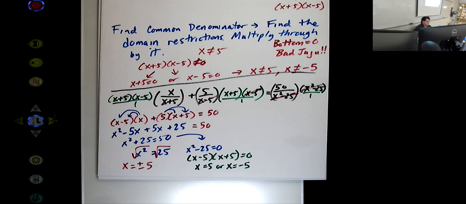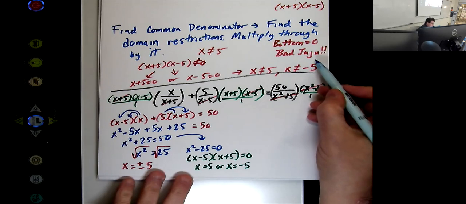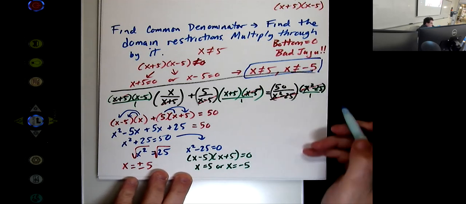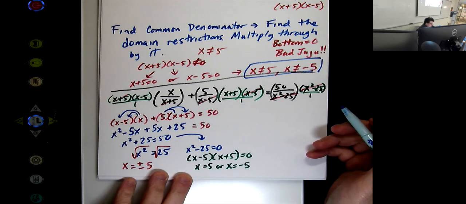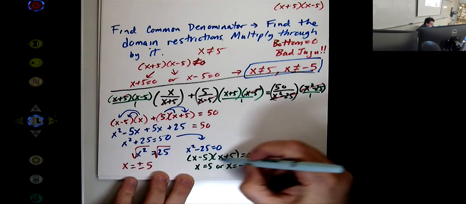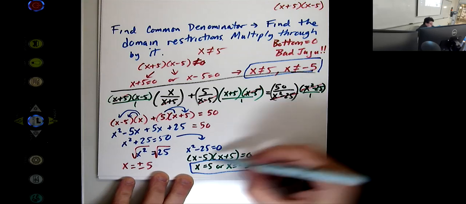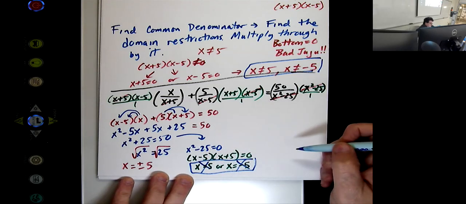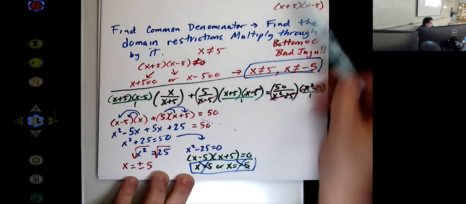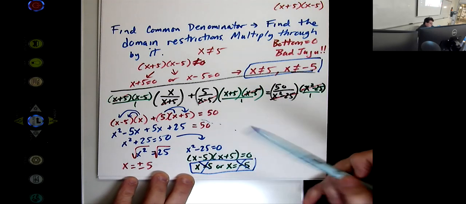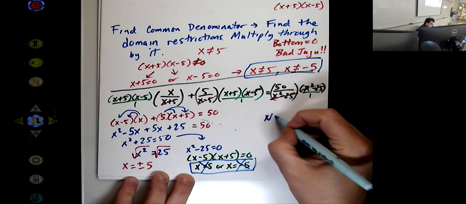Yes. Excellent, Chris. We just got done saying x cannot equal 5 and x cannot equal negative 5. And we just got done saying that's the only solutions we got. So we have to throw them out. They don't work. They make the denominator 0 in the get-go, which means there are no solutions.